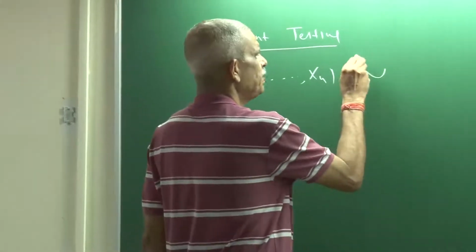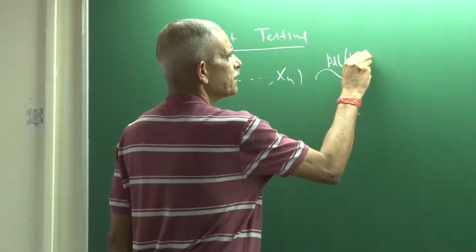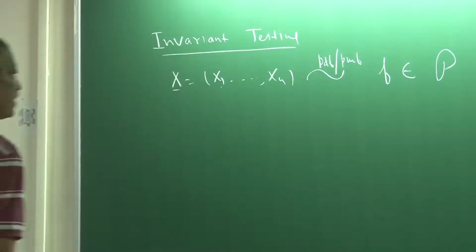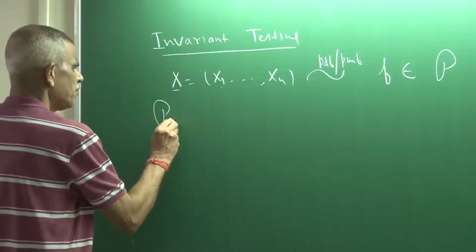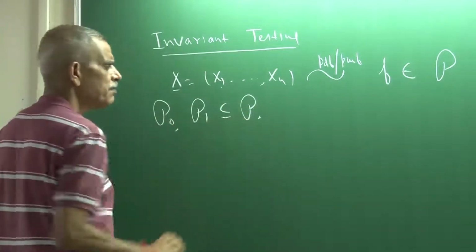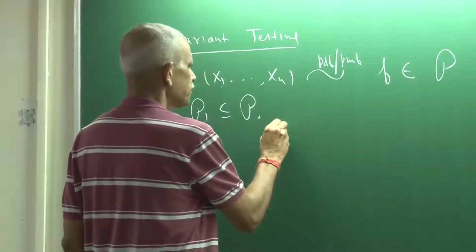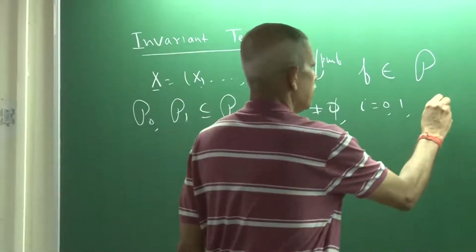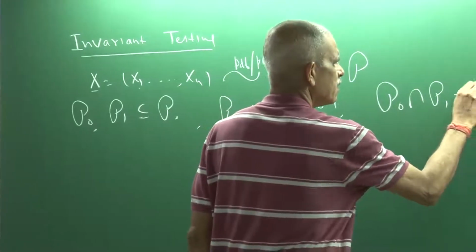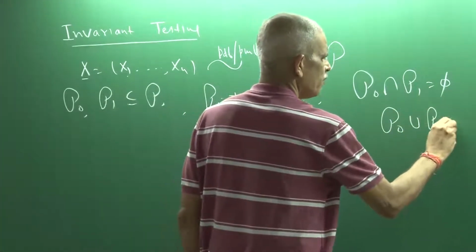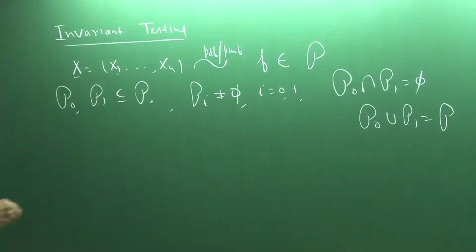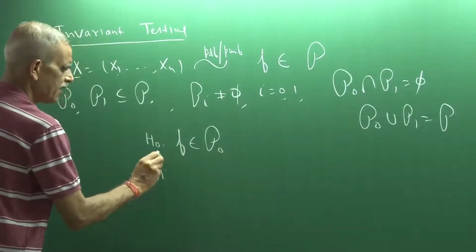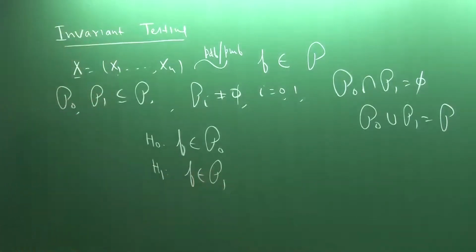This has a joint PDF or PMF F which belongs to a family P. Now suppose this family P is partitioned into two sets P0 and P1, subsets of P. They are non-empty, they are disjoint, and their union is the whole of P. And what you're interested in testing is H0, that F is a member of P0, against the alternative hypothesis that F is a member of P1.